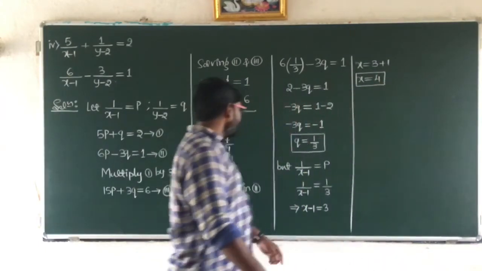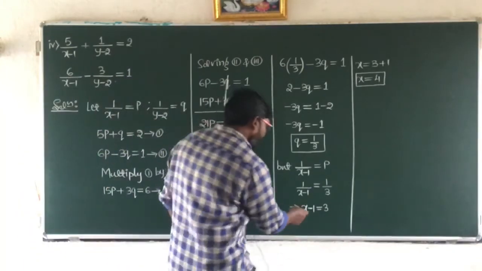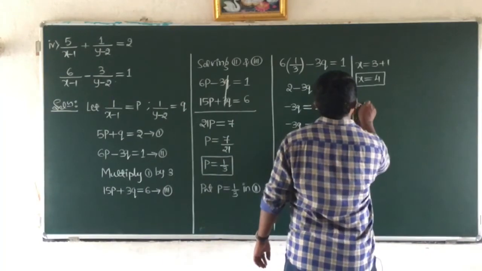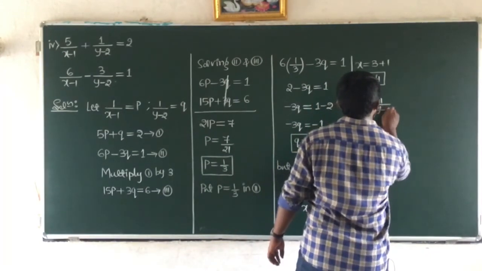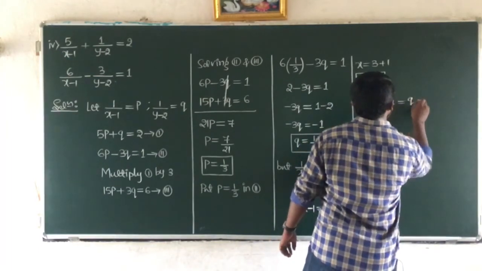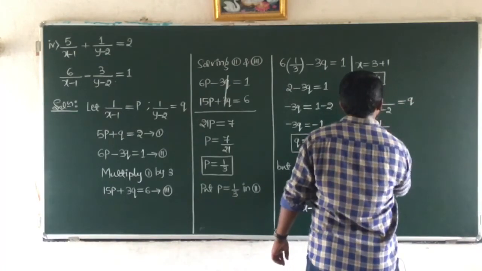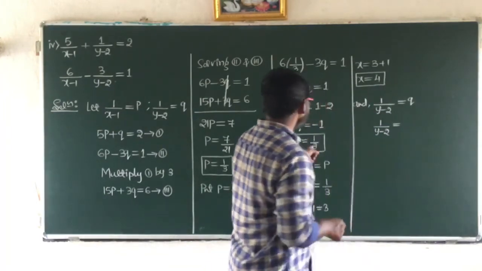Now take up the second condition, 1 divided by y minus 2 is equal to q. What is q here? It is 1 by 3.